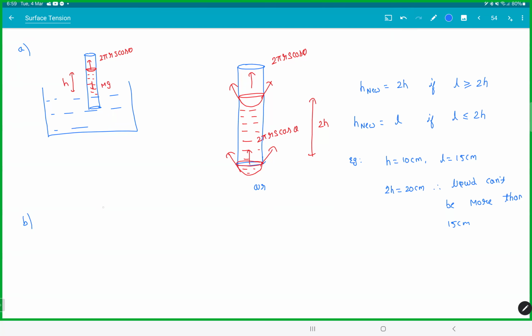Second question, when you're pulling the pipe out, what are the forces acting on the liquid? Again, same thing. The reason you're going up is because the meniscus is pulling you up. Now, if you draw the FBD of the capillary, remember this was force on liquid due to capillary.